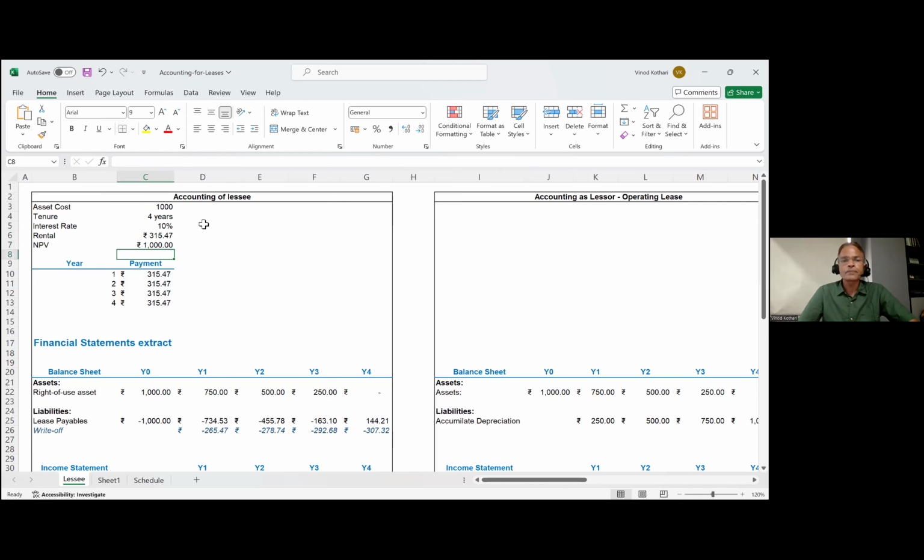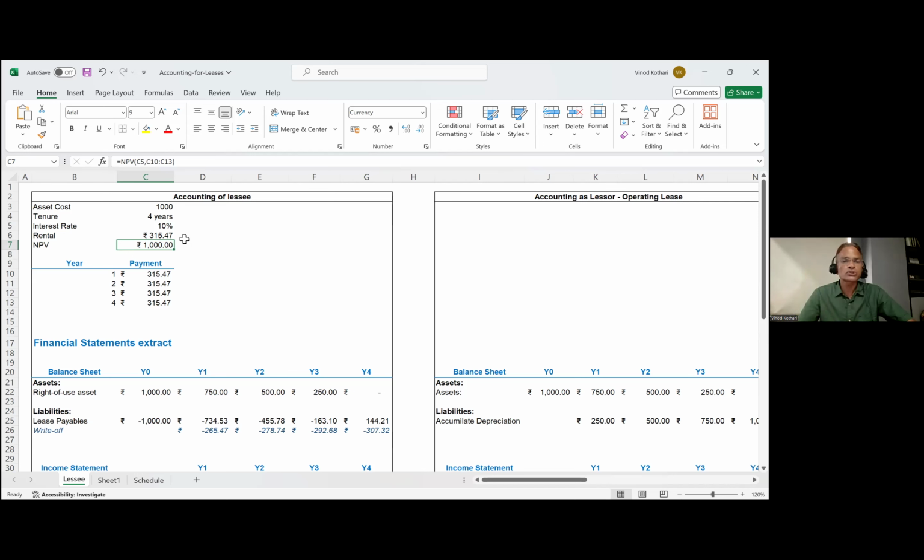Lessee's accounting, assuming there is no dependence on RV. It's a full payout transaction. There is no RV at all. The lessor is recovering the whole of his investment by way of lease rentals. The entire lease tenure is non-cancelable, 4 years, and the lessor's IRR is 10%.